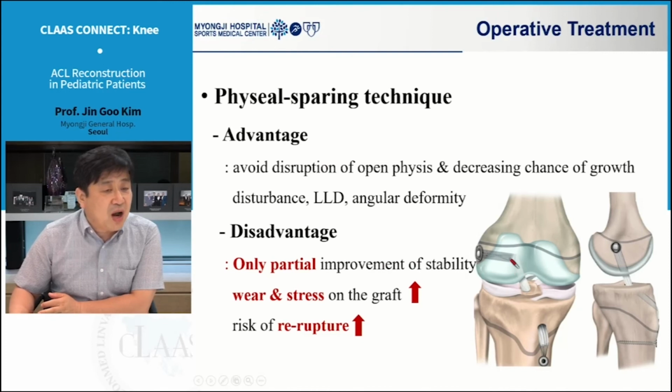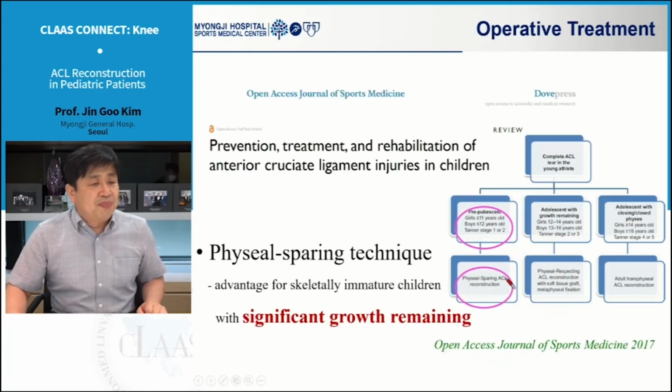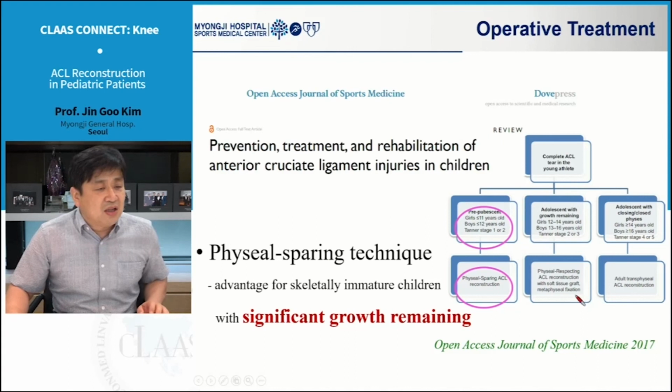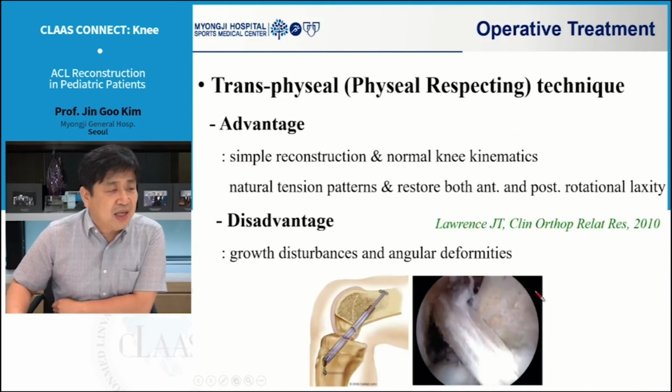This is a very sharp graft bending angle, increasing the risk of re-rupture. It is generally recommended for girls less than 11 and boys less than 12, who have significant growth remaining.